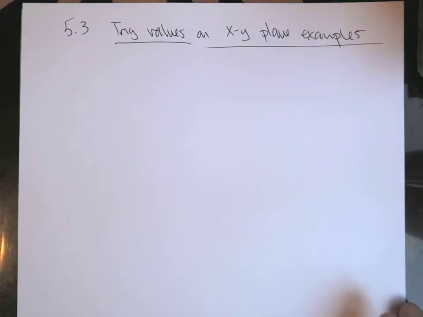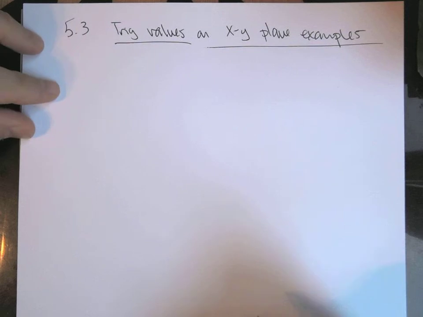Once we have this point on the terminal side, the xy plane set up, we can actually use this to find some trig values. So let's run a few examples.